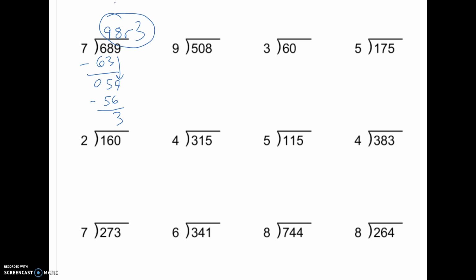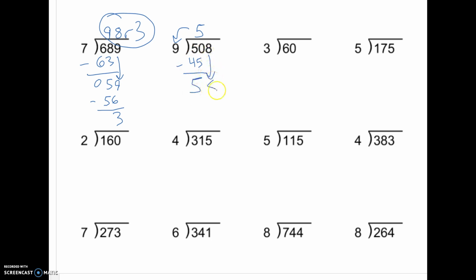Next one. Again, if you need to pause this at any time, if I'm going too fast, feel free to do so. All right, 9 doesn't go into 5, so we'll just look at 50. 9 goes into 50 how many times? 5 times. 5 times 9 is 45. Subtract.